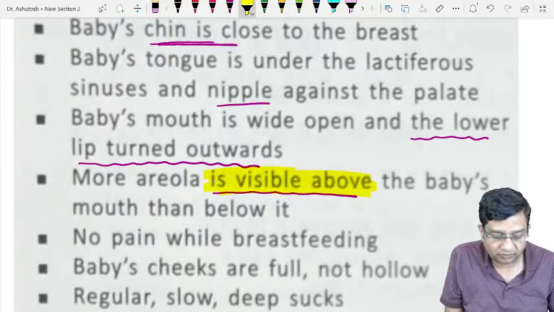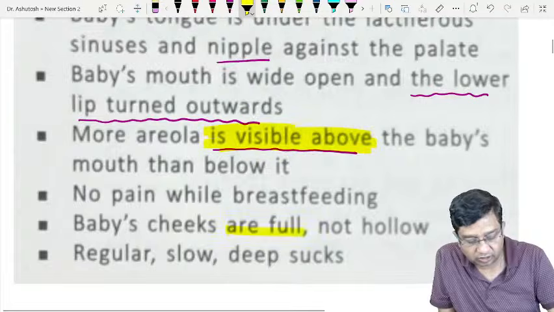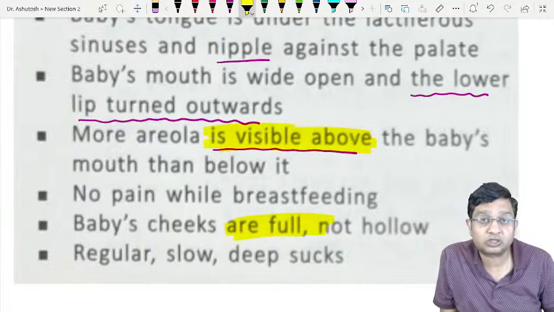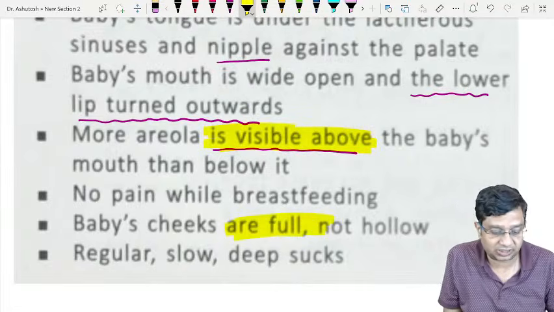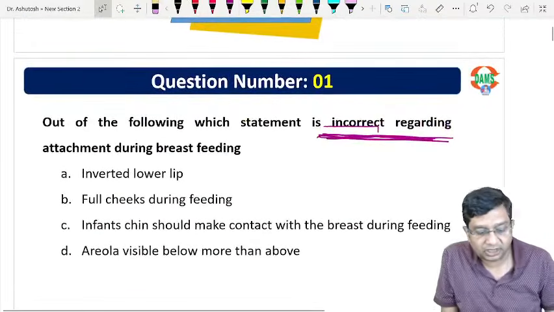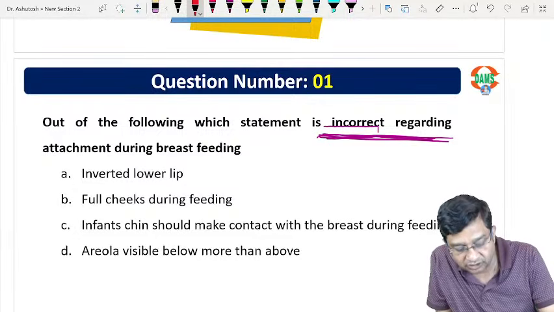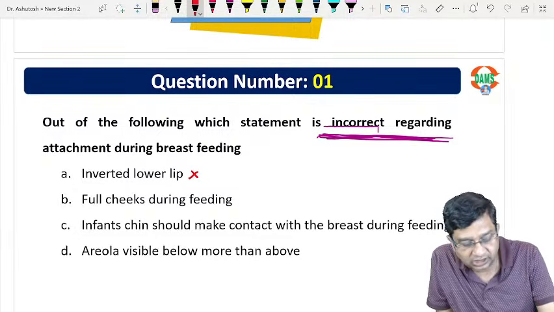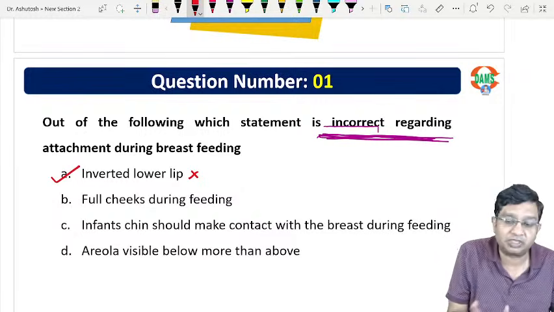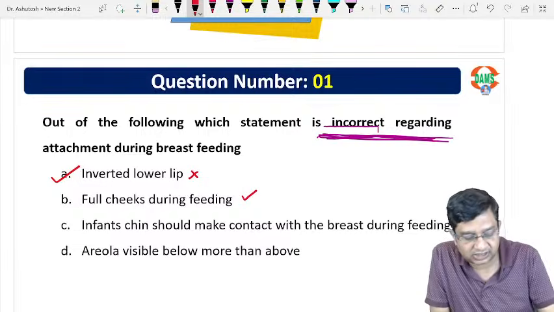There is no pain while breastfeeding. The baby's cheeks are full, not hollow, and the sucks are regular, slow and deep, right? Now going to the question: inverted lower lip, no, it should be everted. So this is an incorrect statement. Full cheeks during feeding, yes.